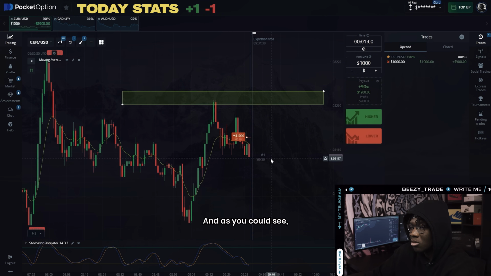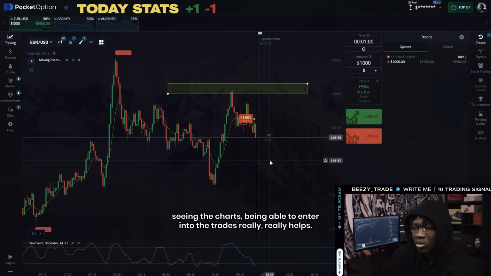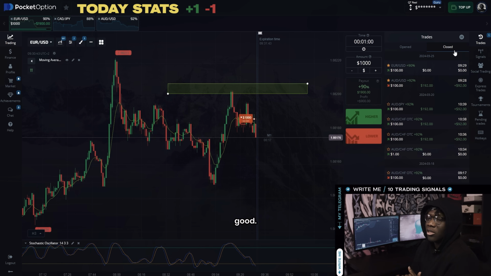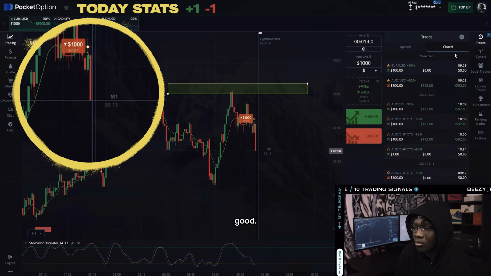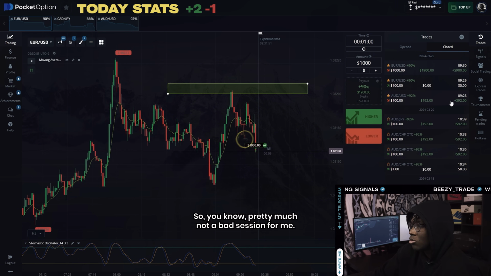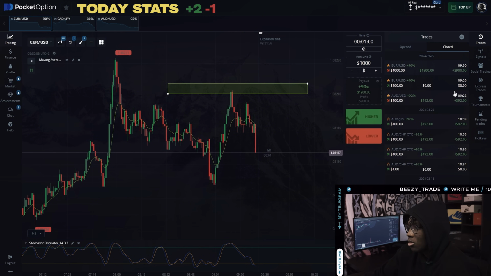And as you can see, a couple of trades today. Just reading the candles, seeing the charts, being able to enter into the trades really, really helps. So we've got about 19 seconds. It's looking good. So, pretty much not a bad session for me.